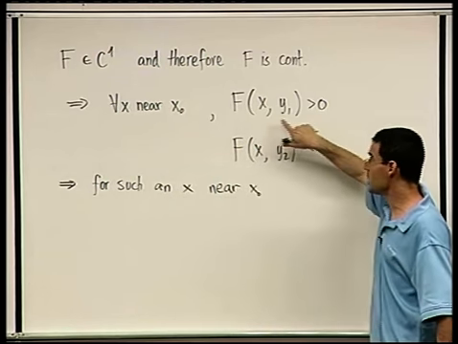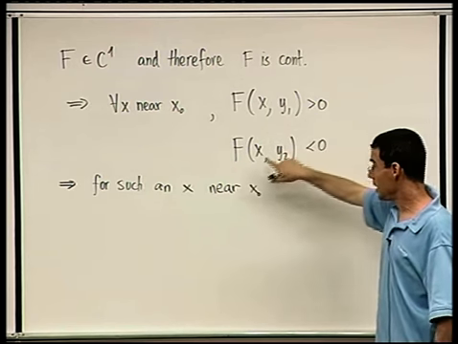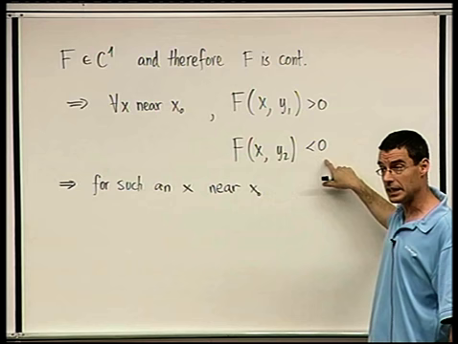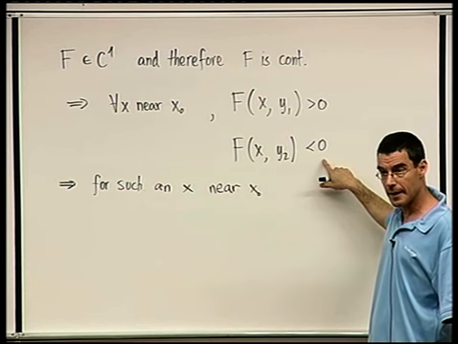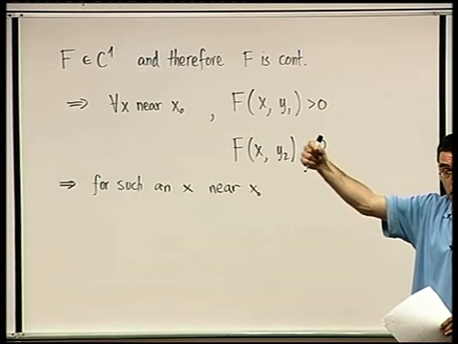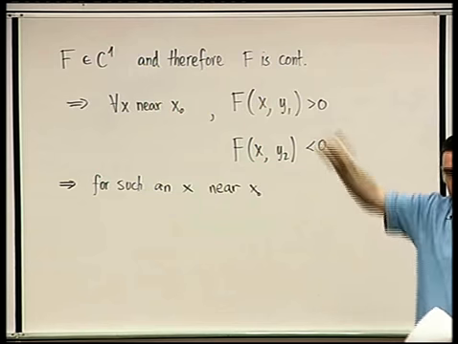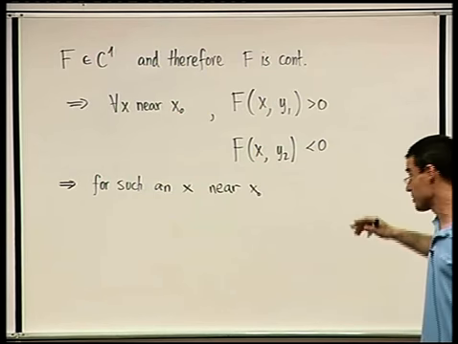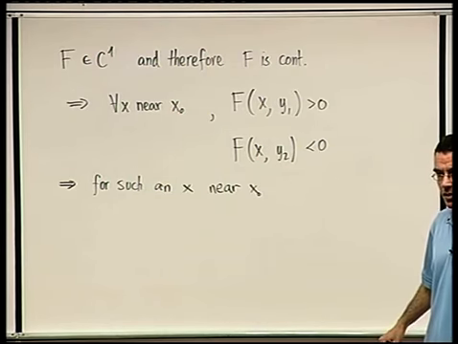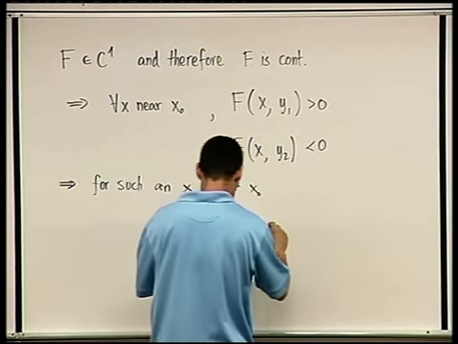The value of the function at x, when you take y1 for the y, you get positive. For the same x, when you take y2, you get negative, right? What can you say? It's continuous. What can you say? At that x, for some y, it's going to cross the axis. Do you agree?